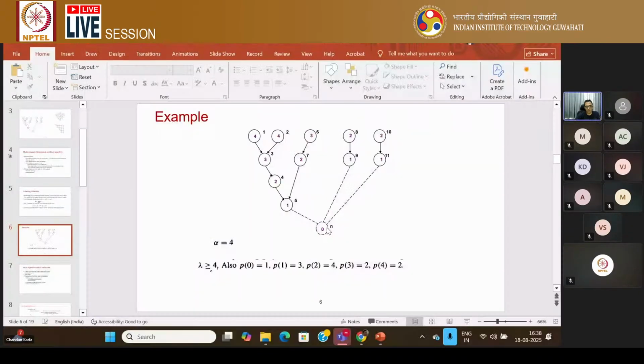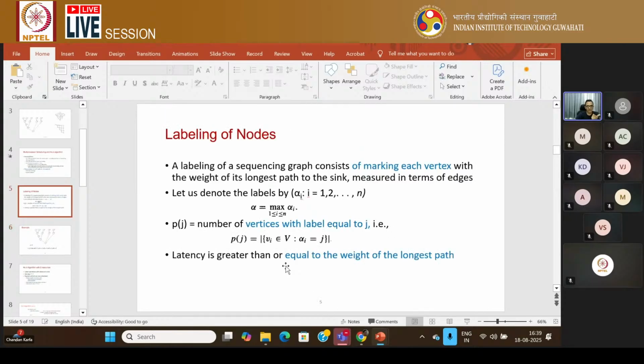I'll share my screen. Basically, you know the probability of each node and all, right? So P is the number of nodes at level J, right? And the level is basically the distance from the sink node.